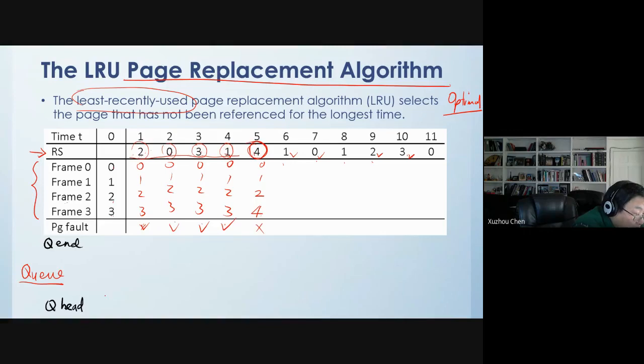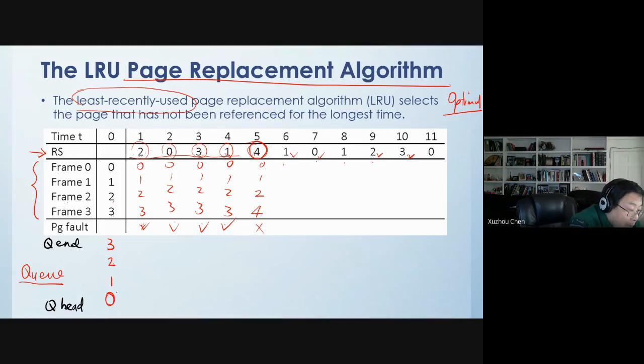Suppose page 0 is loaded first, then page 1, page 2, page 3. Every time using FIFO, when a page fault happens, the incoming page will replace the page at the head of the queue, because page 0 was the first one loaded into memory.